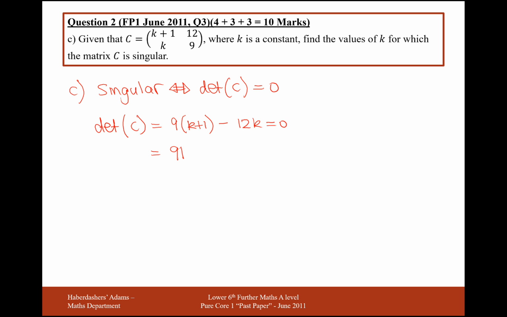Simplifying this, 9k plus 9 minus 12k equals 0. This will make 9 equals 3k, so k equals 3. And that's the value for k such that the matrix C is singular. 3 marks for that part, 10 marks in total for all three of those parts.